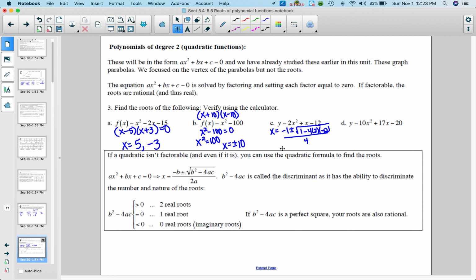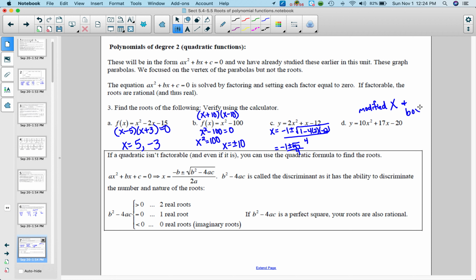And when you simplify this, you get -1 plus or minus the square root of 97 all over 4. On this next one, this one is actually factorable with a modified diamond in a box. I'm not going to show all the work.